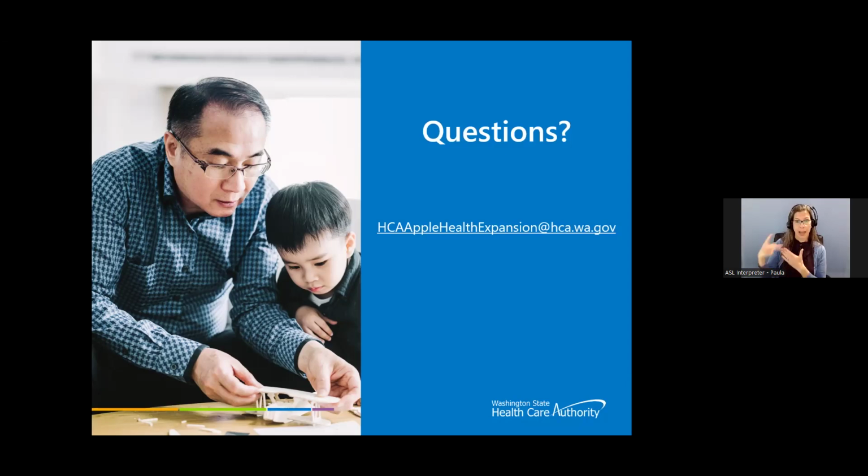They will be entering very similar information. It is just that we'll be looking at their eligibility a little bit differently, and that we're looking for individuals who are 19 plus and below 138% of the federal poverty level, who would then be eligible for Apple Health Expansion. And so we're really just looking at some eligibility determinations that are a little bit different.